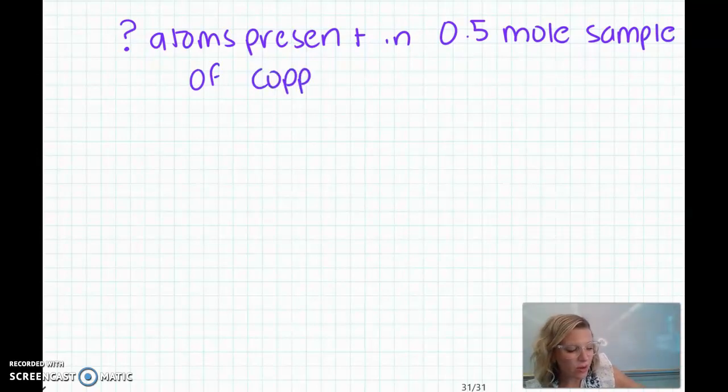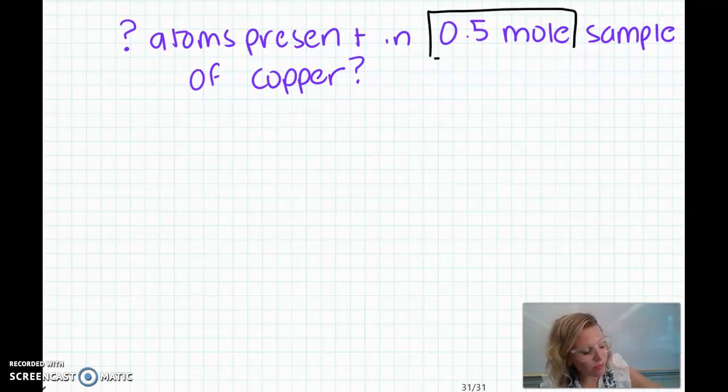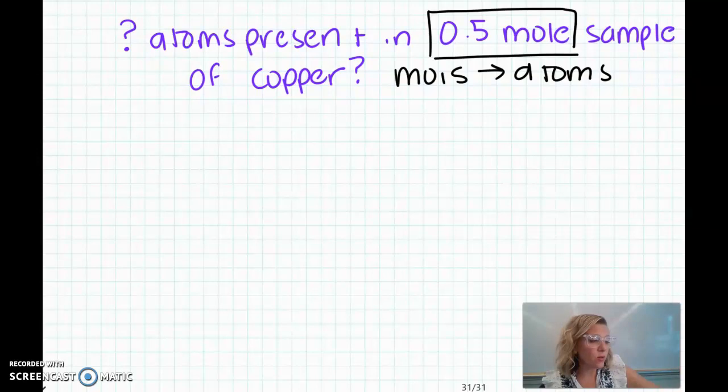Taking a look at this question, we have one piece of information that's really important to us, and that's this 0.5 mole sample. The piece of information that we're missing is our conversion factor, because we're trying to go from moles to atoms.